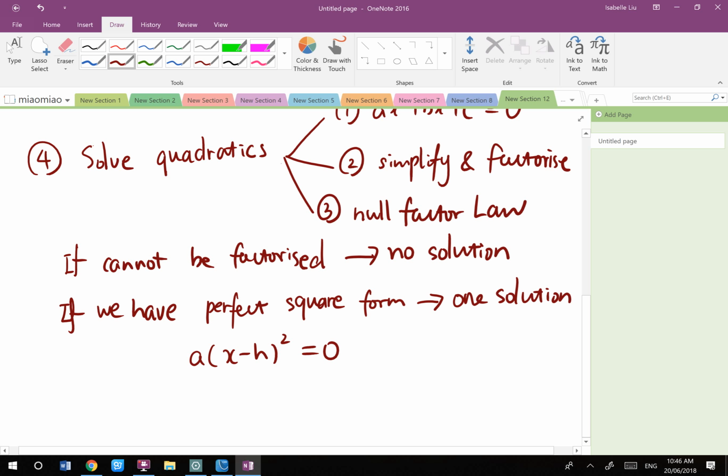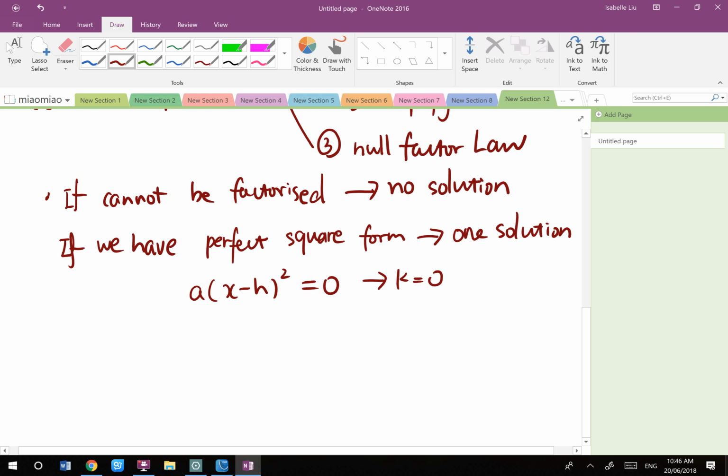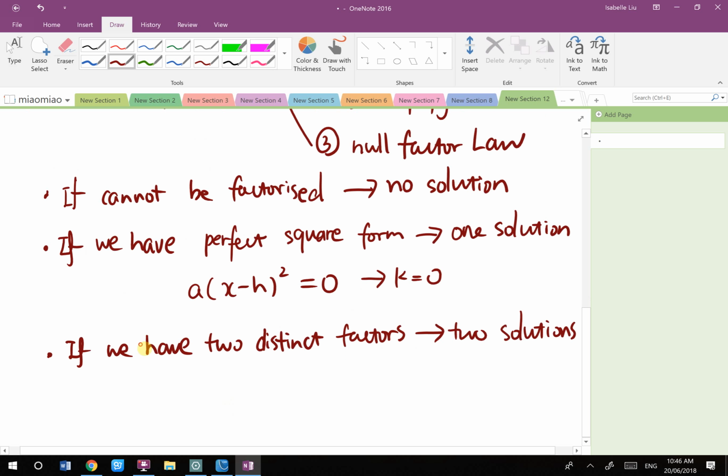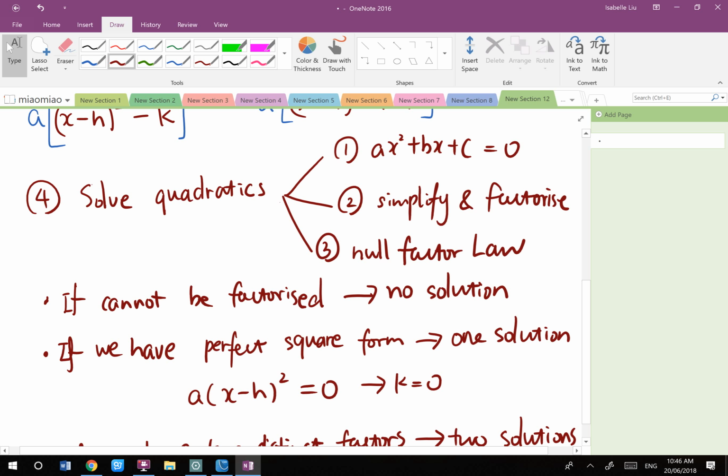There's no k value, which also means k equals 0. And if we can factorize and there are two distinct factors, then we will have two solutions. That is solving quadratics.